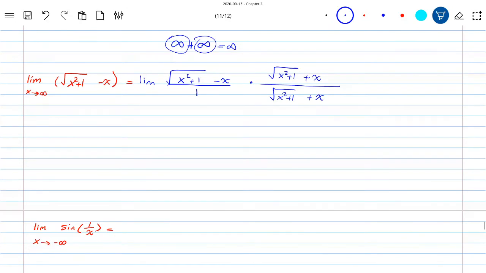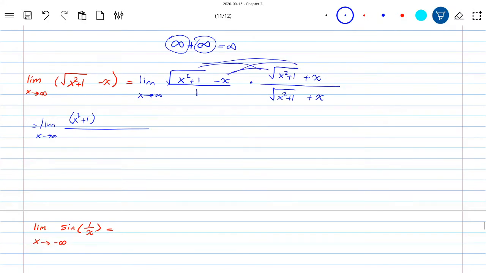Okay, so now simplify as x approaches infinity. Equals the limit as x approaches infinity of the square root of x squared plus 1 minus x, times the square root of x squared plus 1 plus x, the conjugates. I think you've multiplied these too many times already, so you would get this radical times that, this radical times the other one.